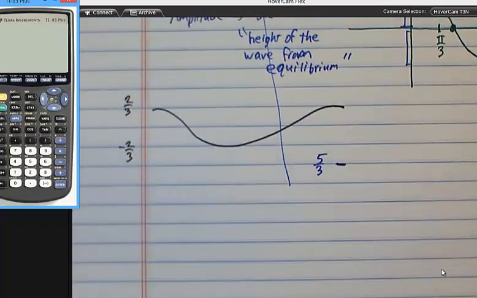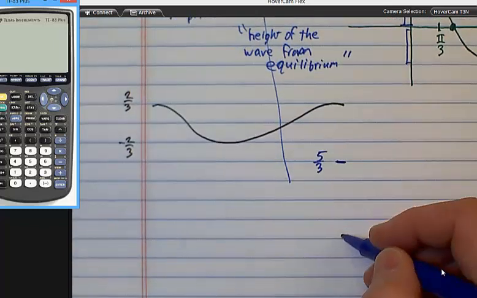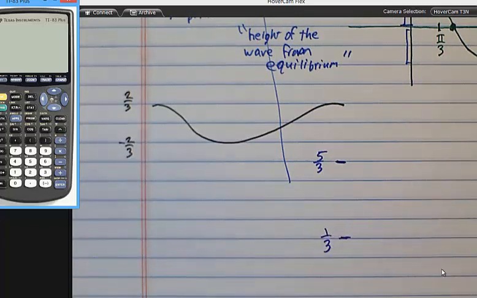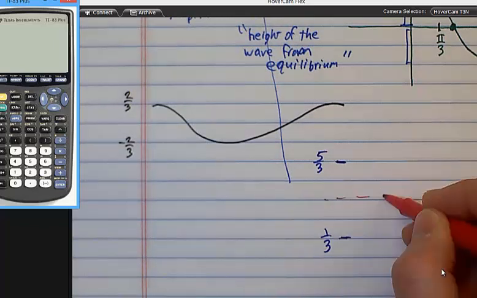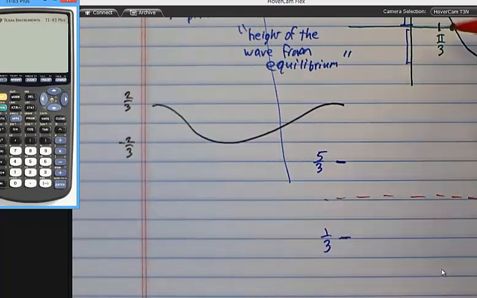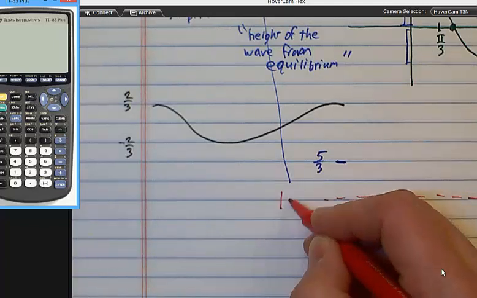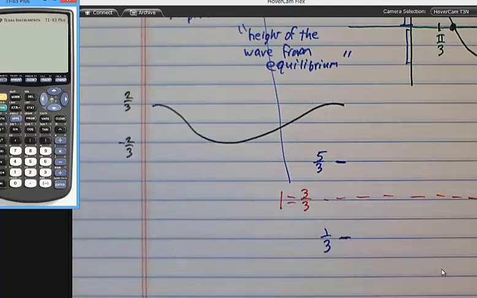And the minimum value, how about I say it's 1/3? Let's see if that makes sense to you. Because the center line used to be at 0. Now the center line is at 1, which is 3/3. And do you see that that's the distance that I want my cosine function wave to be?